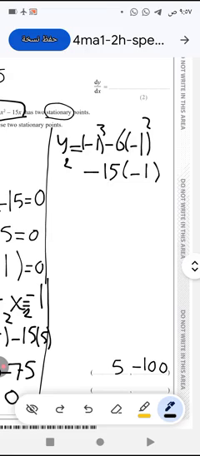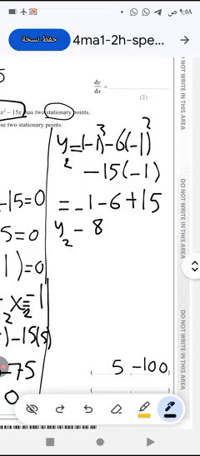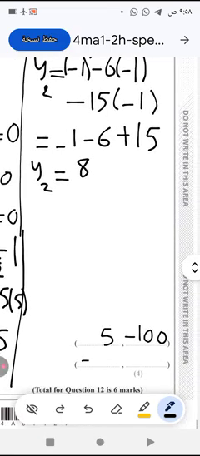Negative 1 to the power of 3, negative times negative equals negative 1. Negative 1 squared equals positive 1. Positive 1 times negative 6, negative 6. Minus 6 times negative 1, negative times negative equals positive 15. Now, this is negative 7. 15 minus 7 equals 8. This is the value of y2. y2 equals 8. That means x is negative 1 and y is 8. This is the final answer.